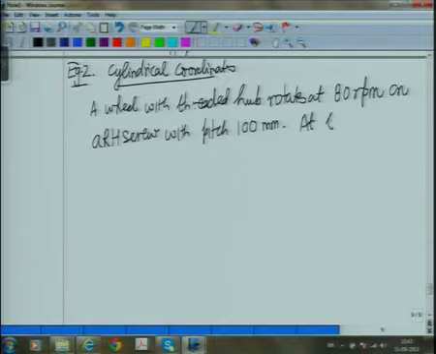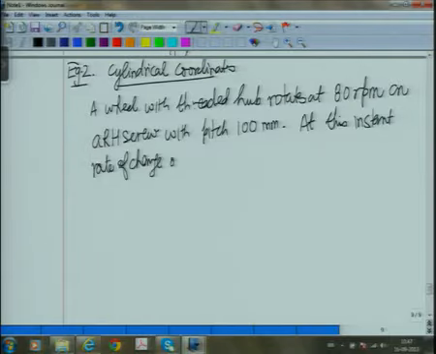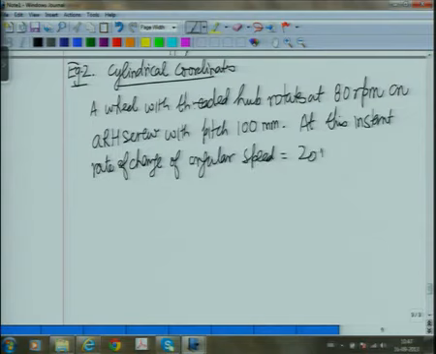At this instant, rate of change of angular speed is equal to 20 rpm per second.